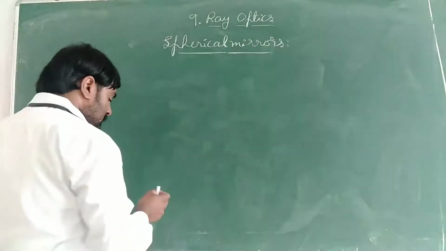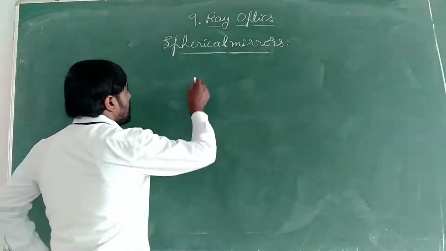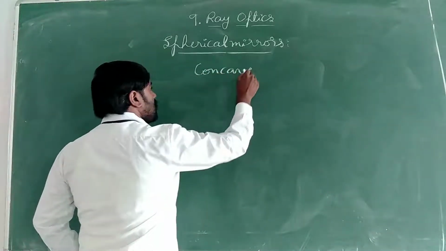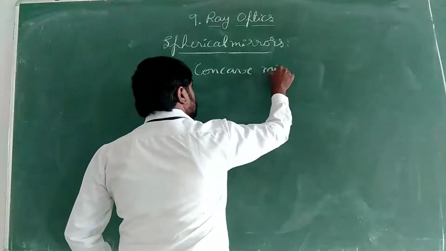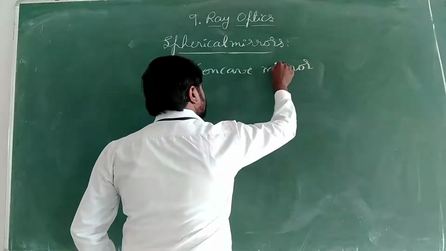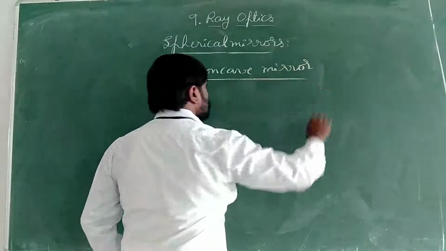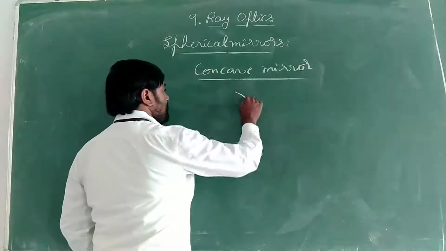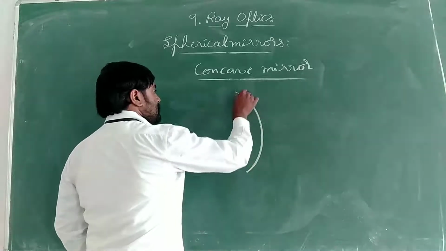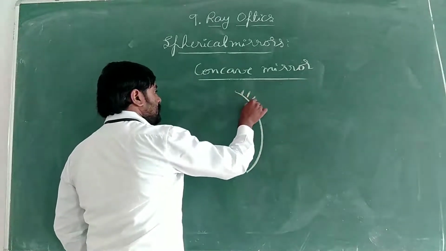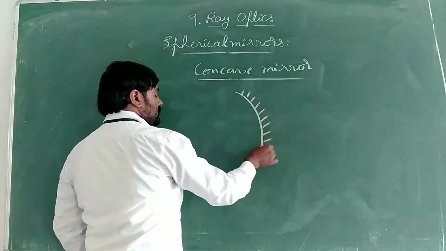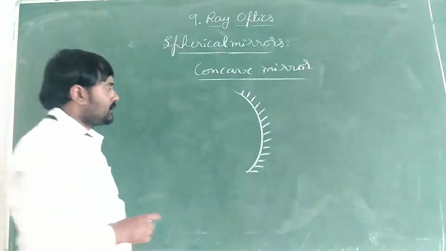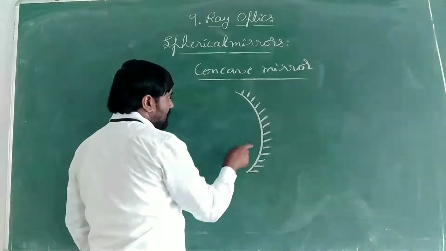First, let us discuss the concave mirror. Now look at this diagram carefully. This is a concave mirror. Here it is silvered on the inside.